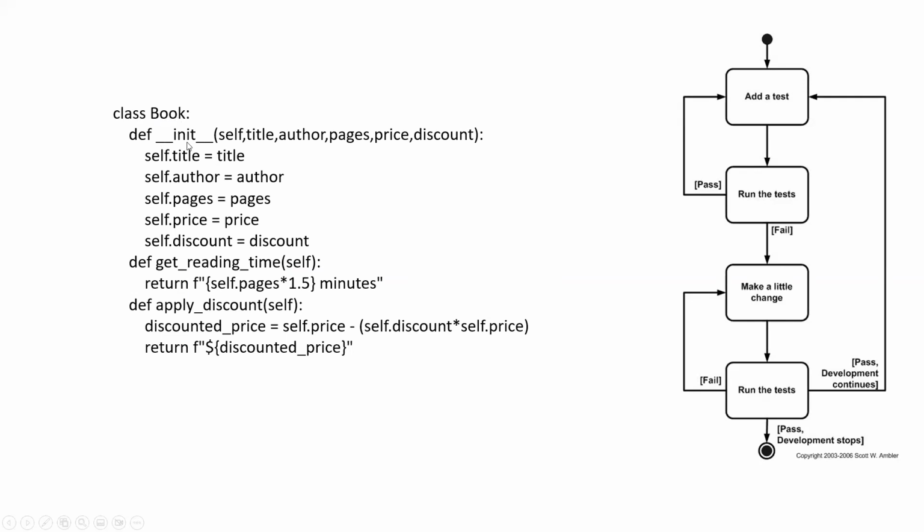It has attributes like title, author, pages, price and discounts. Here we are just declaring those attributes. Inside it there are methods. Get reading time is one method and apply discount is another method.